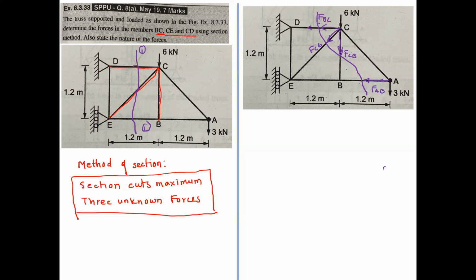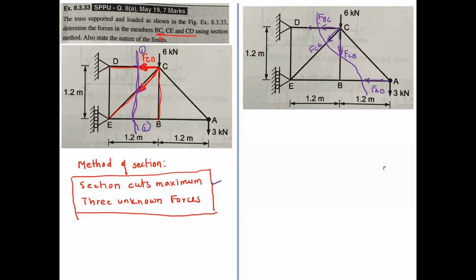Clear? So what is the concept over here? We can't take a section which cuts 4 unknowns. So we have to take the first section like this one. This is one force, which is force CD.